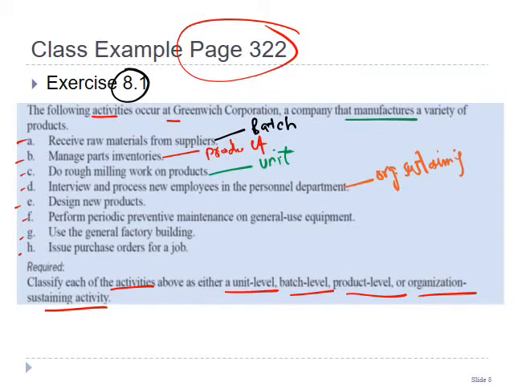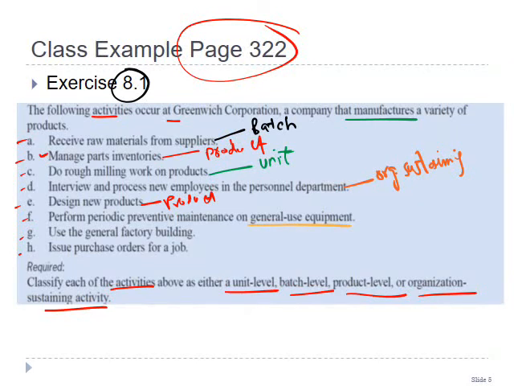Good. So E, design a new product. If your answer is product, then you are in good shape, because designing a new product, advertising, or managing parts inventory all belong to product level activity. Number F is perform periodic preventive maintenance on general use equipment.